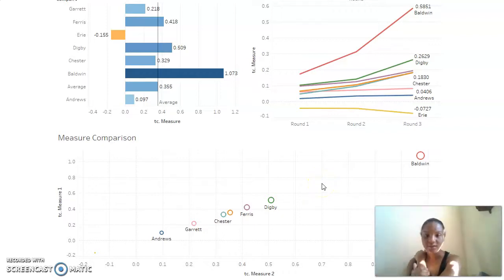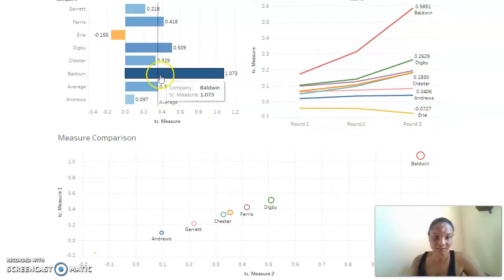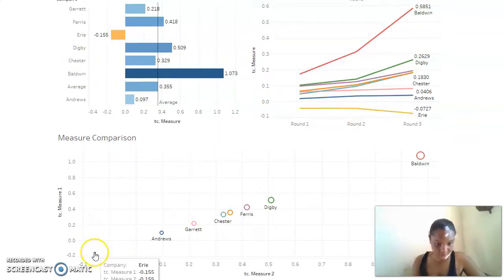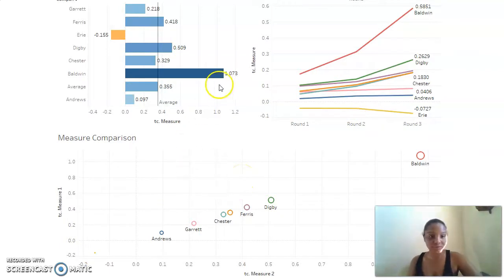Also Erie. Of course, these numbers should be the same simply because they all show like Erie is down here, and then Erie is like the small dot here, and then Baldwin is here, Baldwin is here, and Baldwin is here.